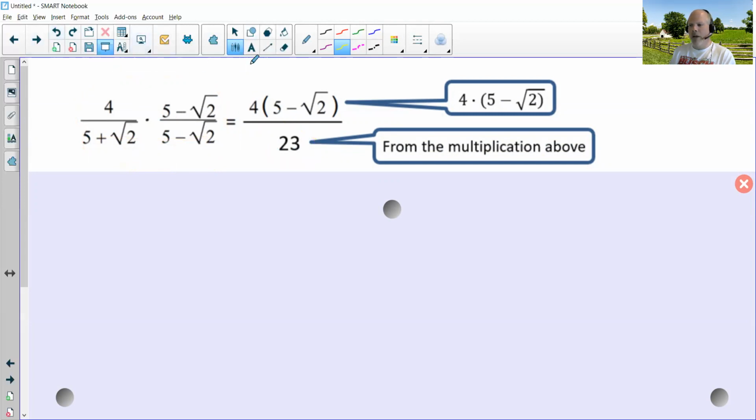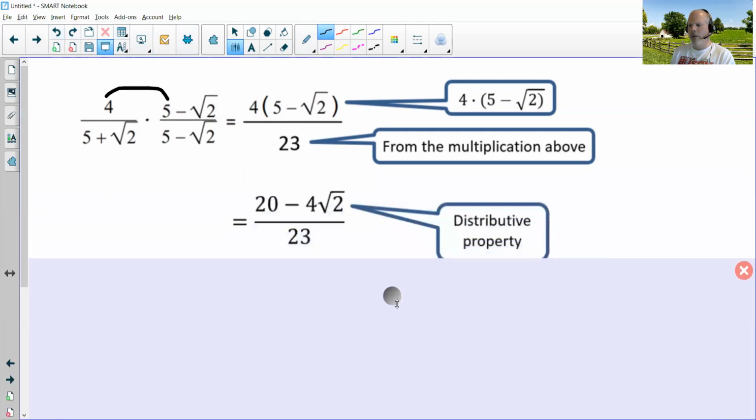When I multiply the numerators, I'm going to multiply 4 times 5, and I'm going to multiply 4 times negative square root of 2, which you see right here. We'll use the distributive property, and we end up with this.